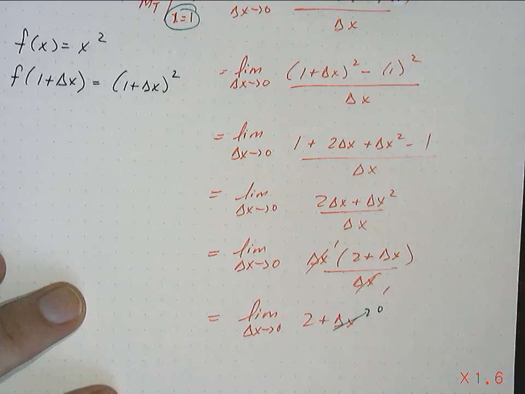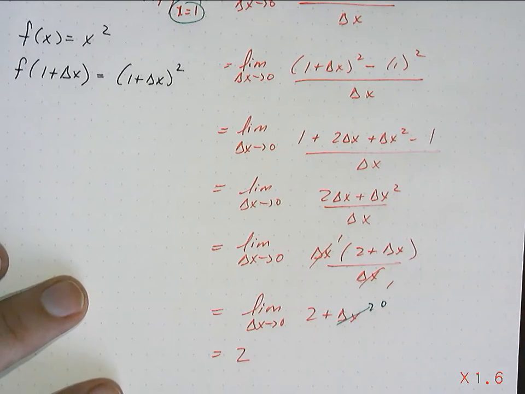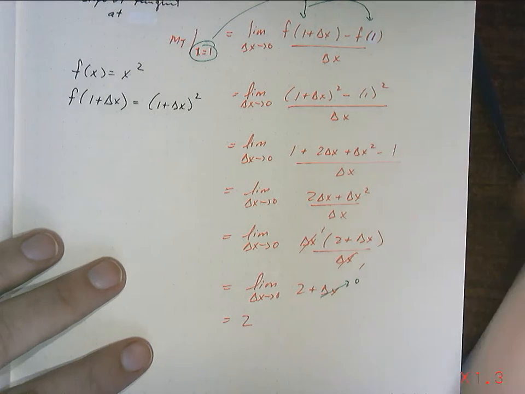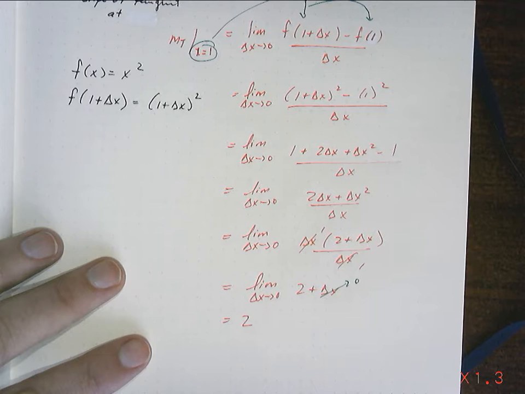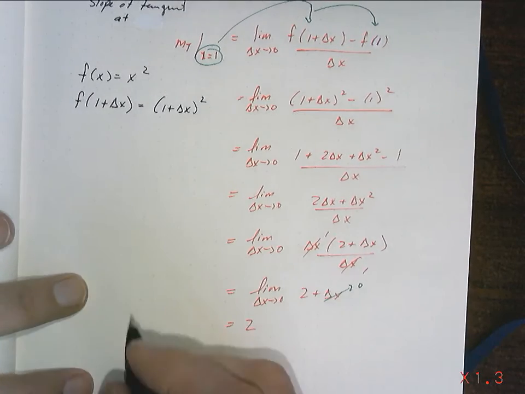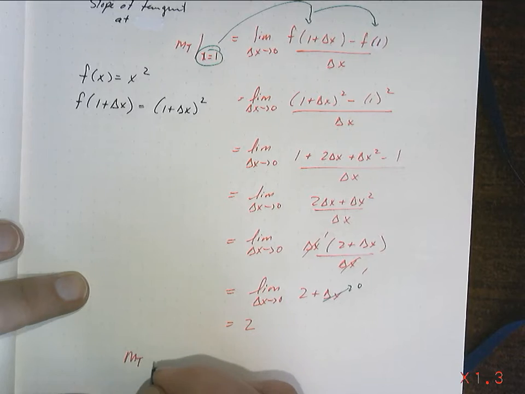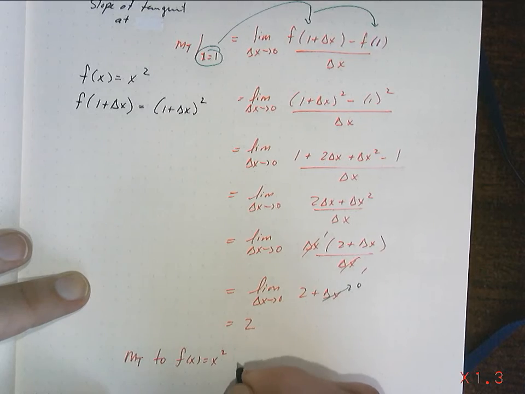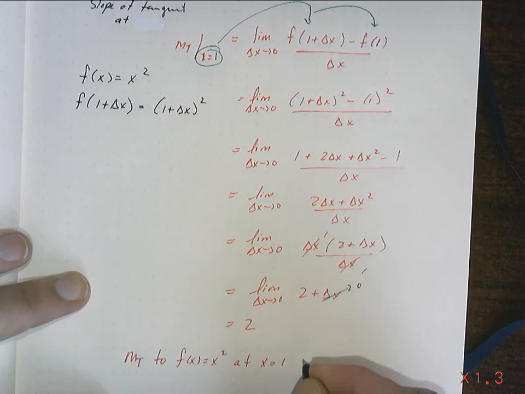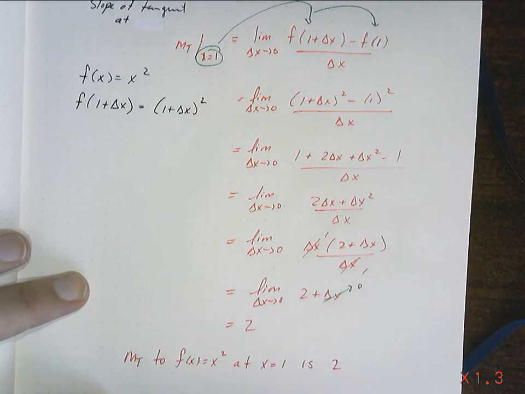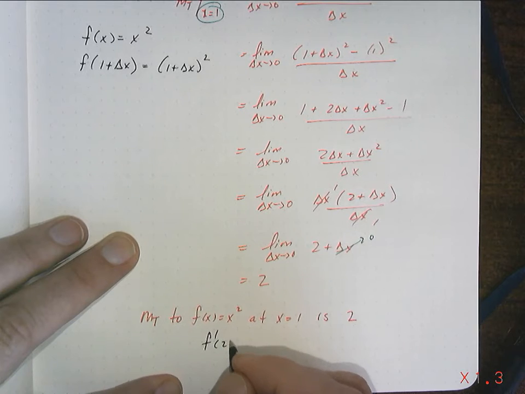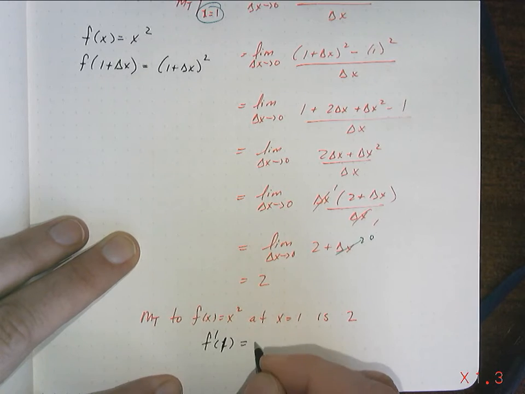And we end up with a final answer of 2. Which means that the slope of the tangent to f of x equals x squared at x equals 1 is 2. And a much nicer way to say that is f prime of 1 equals 2.